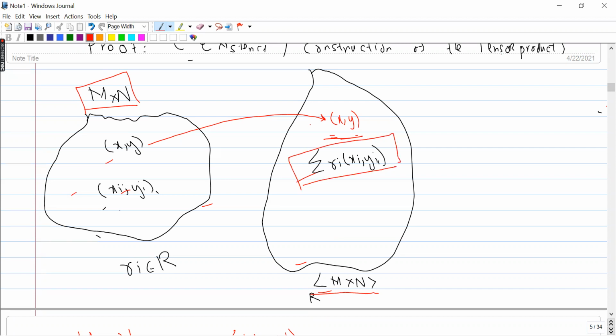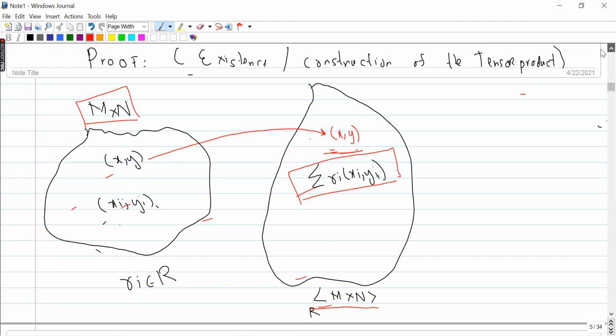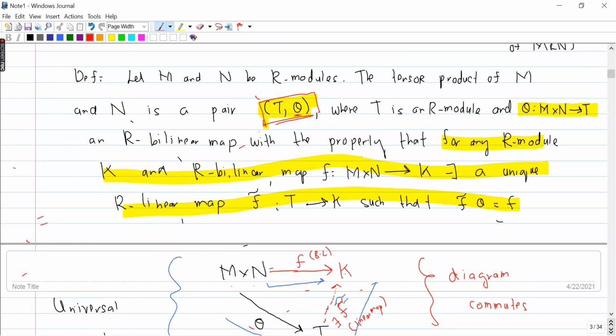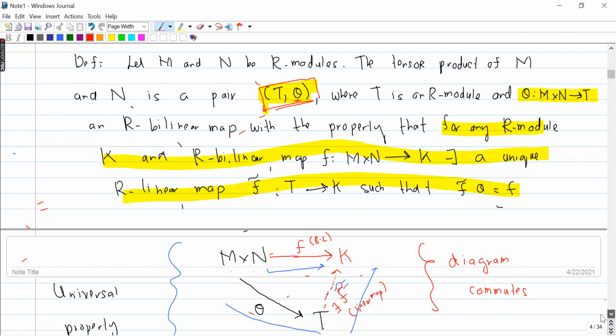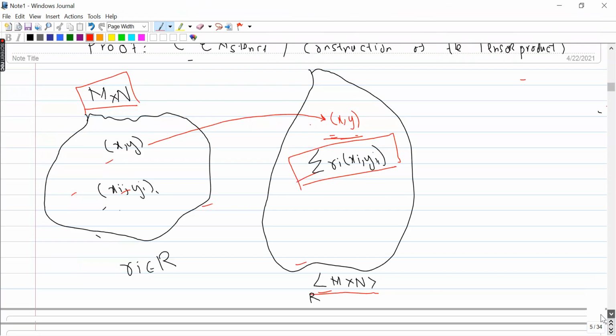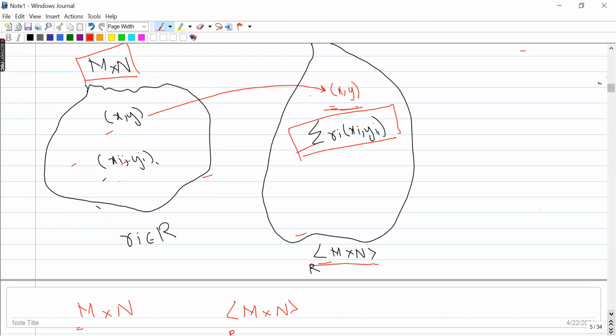Now, what is the first task? I want to construct theta, a bilinear map, because by definition theta is a bilinear map from M cross N to T. So initially, I want to construct T in such a way. What is the task that I want to construct?